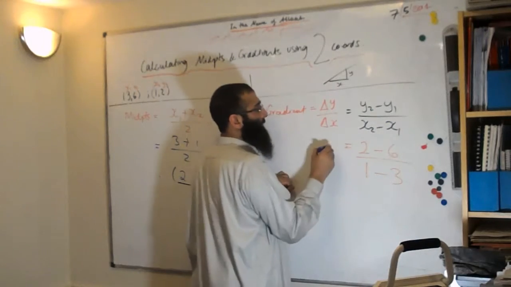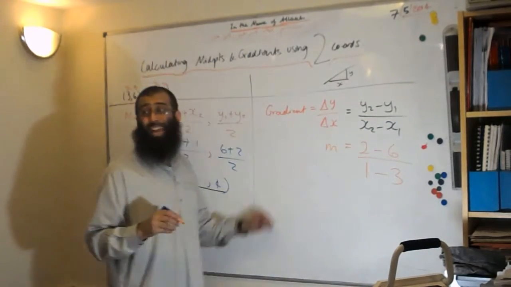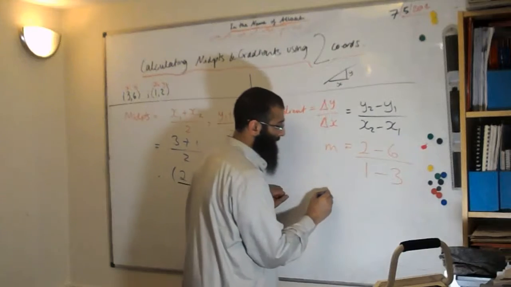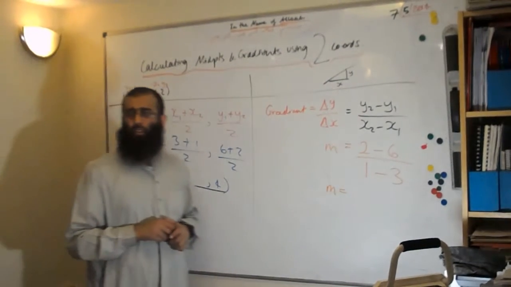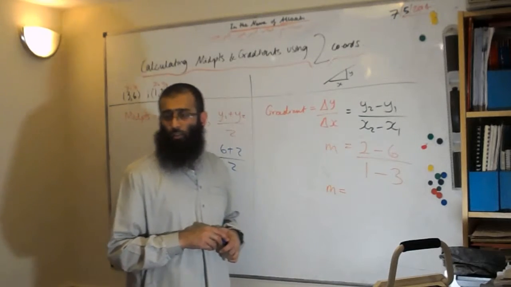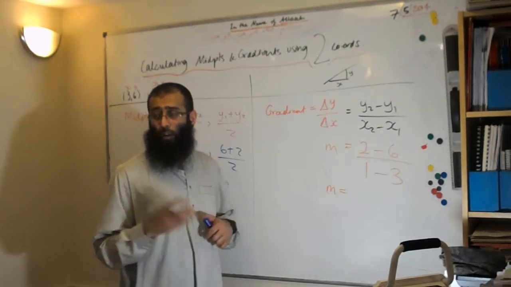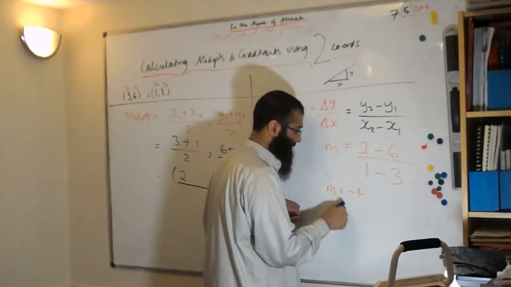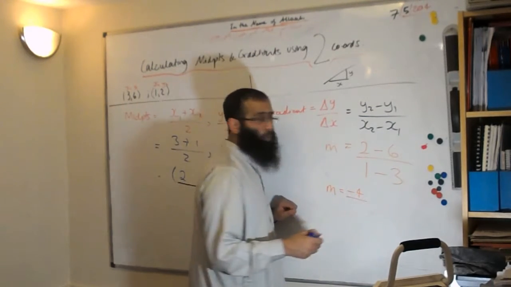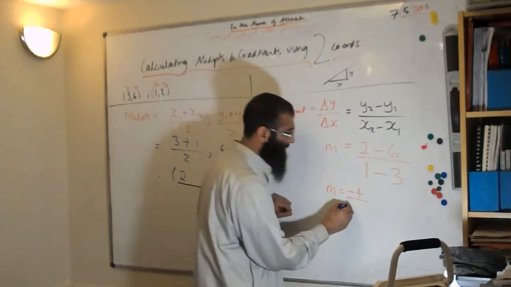And that will give you the gradient. The gradient is normally represented by the letter m. Okay, so we have 2 minus 6. Who's feeling brave? 2 take away 6, I'll use minus 4 on the top. Okay, 1 minus 3 is minus 2.